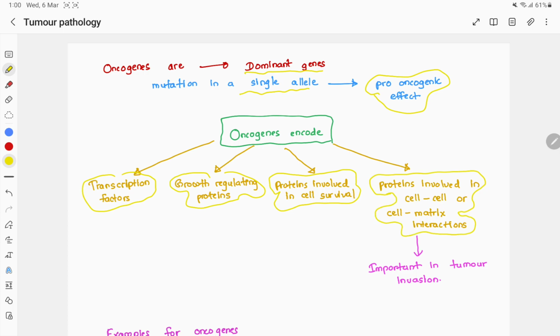These interactions are important in tumor invasion. You already know that in tumor invasion, the tumor first invades the cellular matrix and then the basement membrane of blood vessels and goes into circulation.